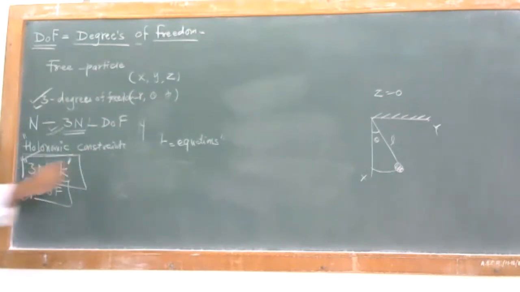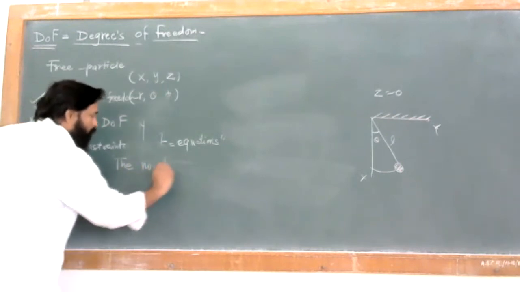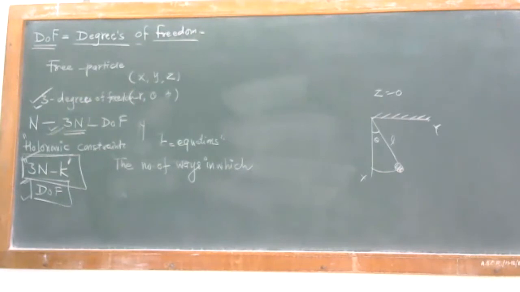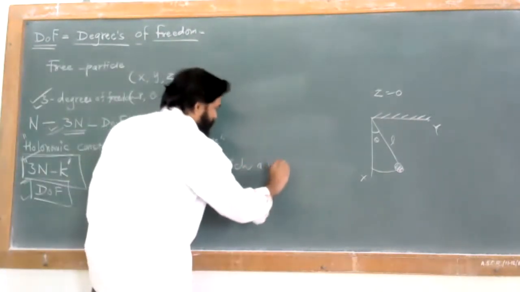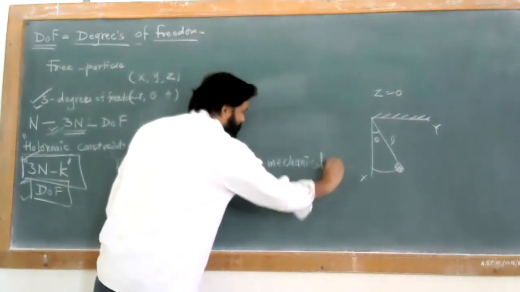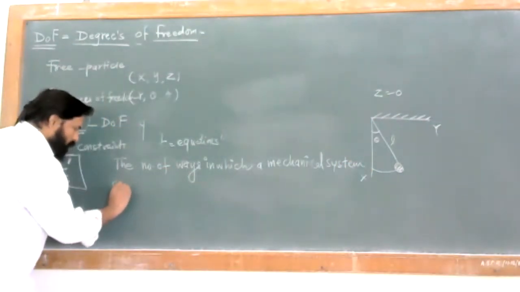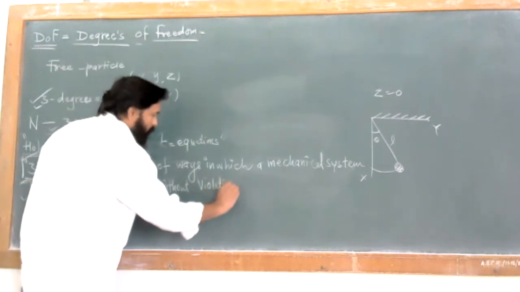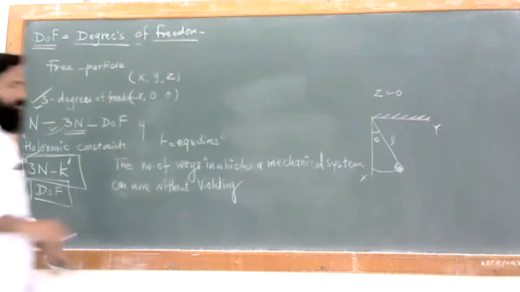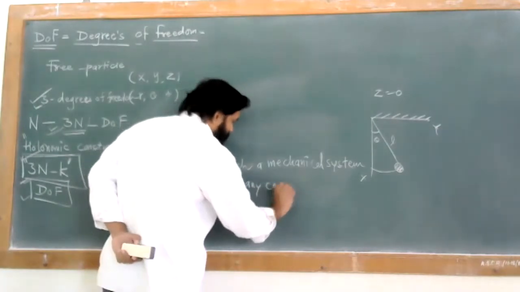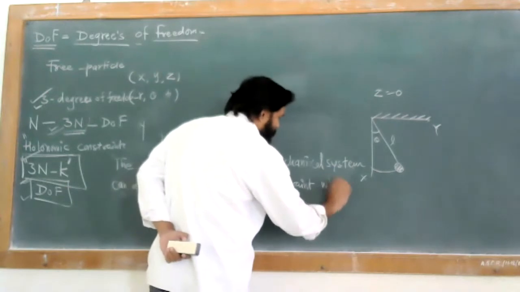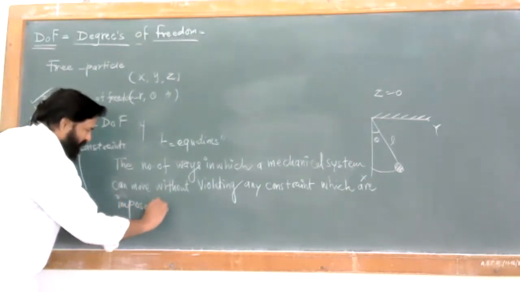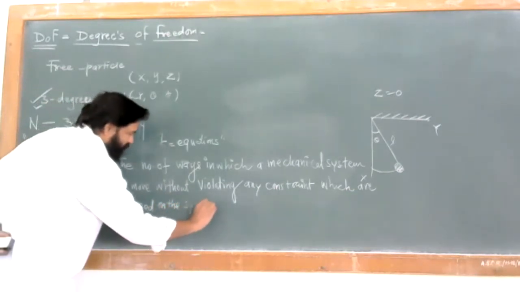The number of ways in which, let us write it here, the number of ways in which a system can move without violating any constraint which are imposed on the system. लक्षात येते का पहा.